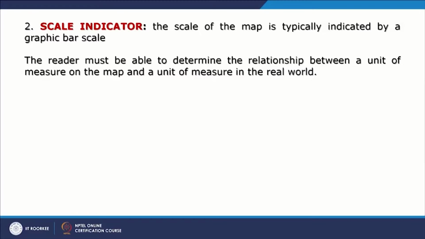Now, the second map element is the scale, and this scale indicator is very, very important, and one should not use the ratio scale. If I use a graphic bar or scale bar, saying that this is 0, this is my 10 kilometers, and that map is reduced by the publisher or by anybody, even during photocopying, the scale bar will also reduce accordingly, and there will not be any error in the scale.